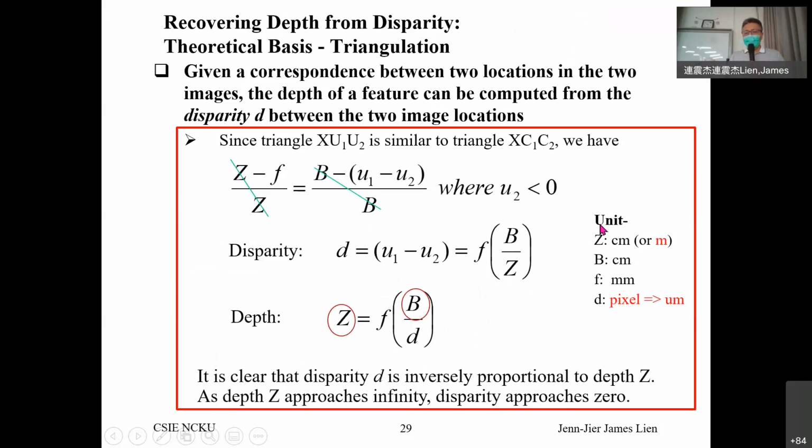The unit is also important. Usually Z is in meters. The baseline is in centimeters.